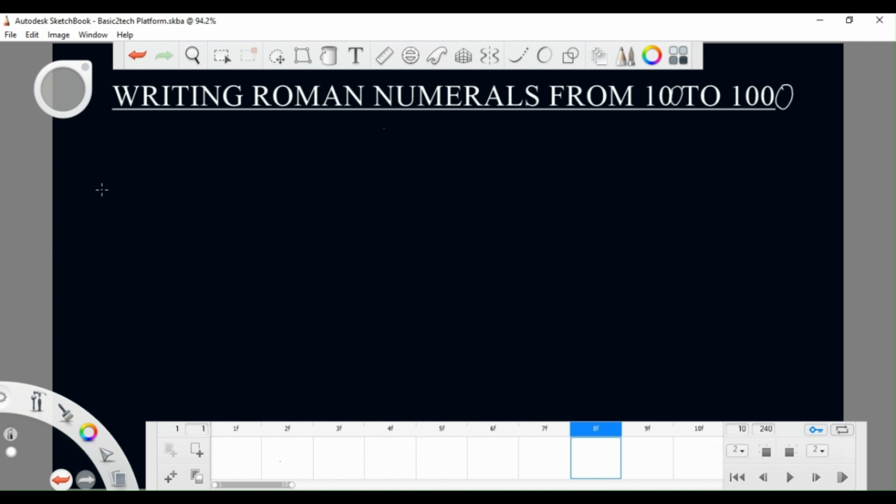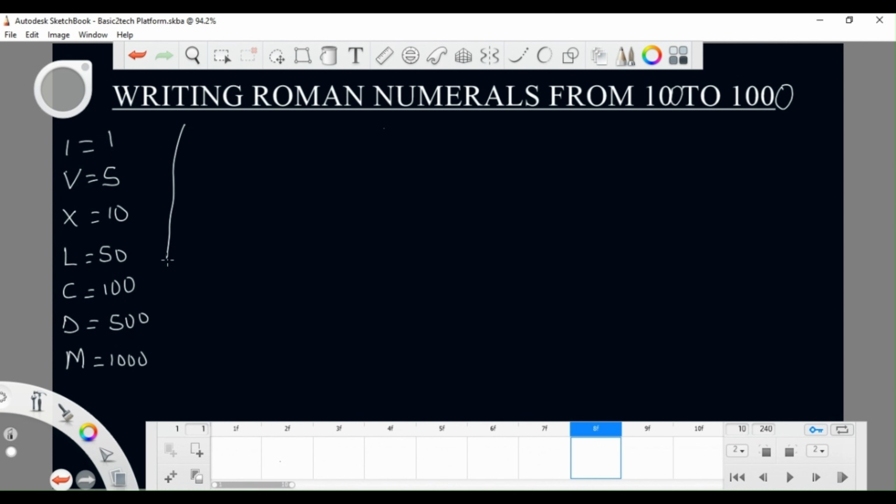I is 1, we have V, which is 5, we have X, which is 10, we have L, which is 50, we have C, which is 100, we have D, which is 500, and we have M, which is 1,000.